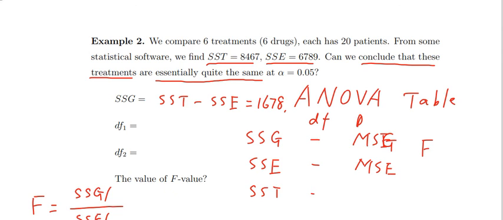Then we need to check how many groups we compare. It says we compare 6 treatments or 6 drugs. So DF1 is 5, and here we should divide by 5, right? Then what is the degree of freedom for the denominator, or the degree of freedom for SSE?